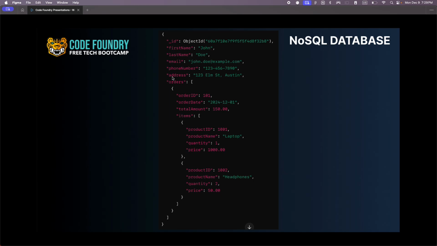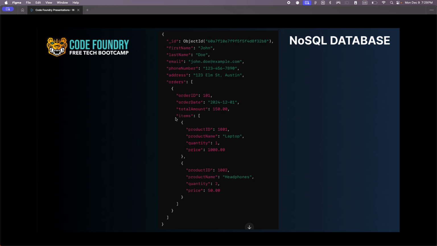But instead of having a separate table or a separate document for our orders, we have our orders embedded in with our customer. So all of these orders can be assumed to be made by the customer. And we now have an order with an order ID in it and all of the information that would come with the order.